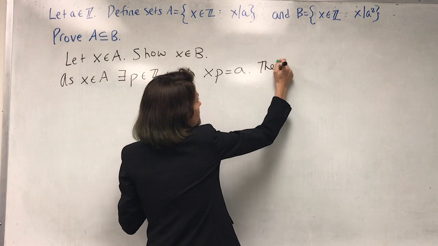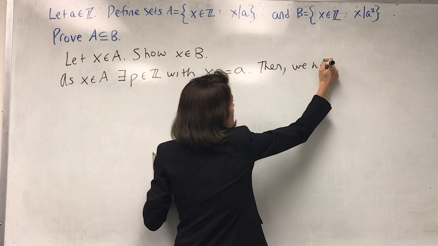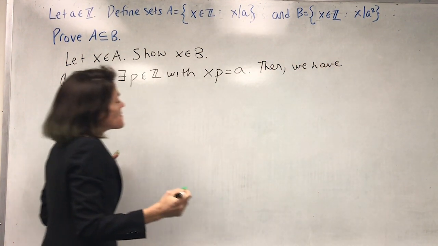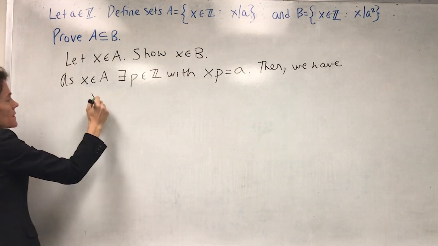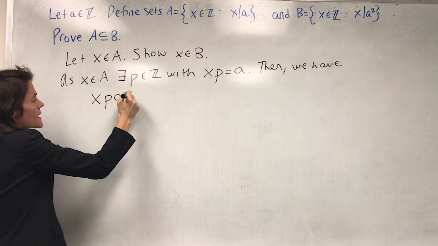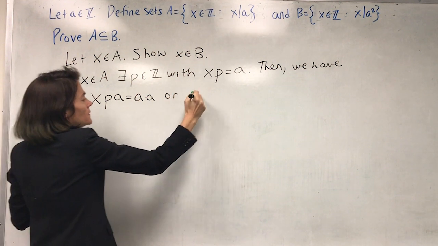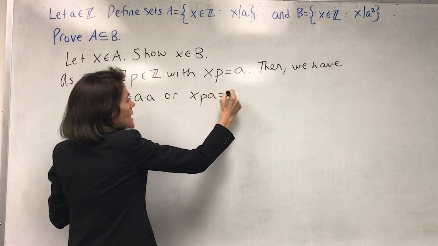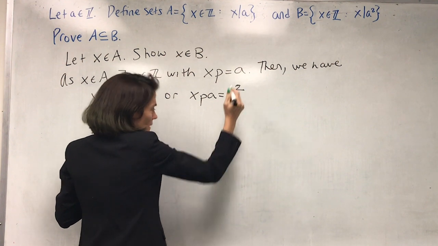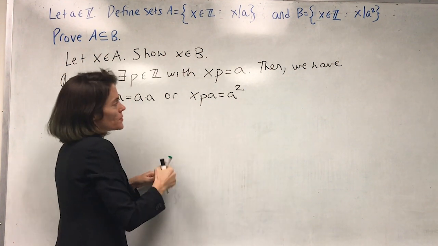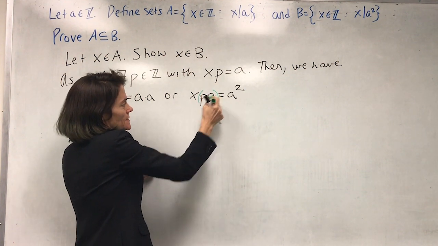So then we have XPA is A times A, or XPA is A squared. And what I will do here is group this like this.